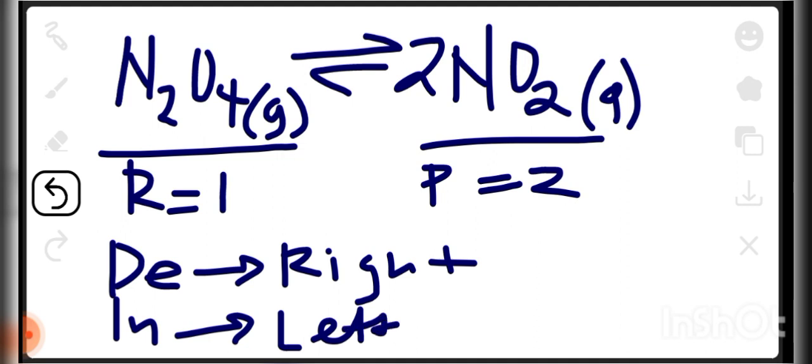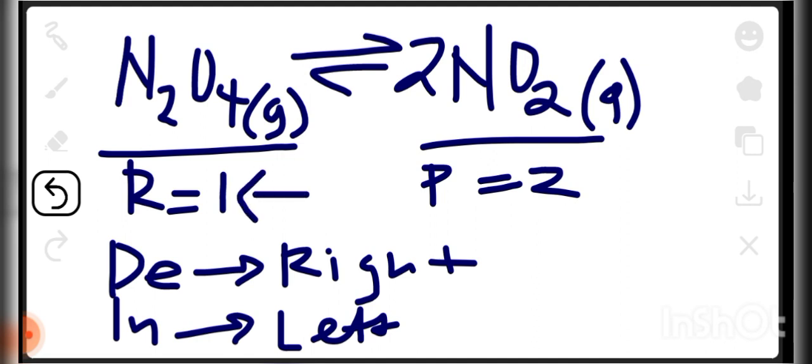So in a question like this, they can ask you to get a good product, or to get your product to be favored. What do you need to do to the pressure? Are you going to increase or decrease it? Since the forward reaction already has the higher number of moles, you don't need to increase pressure, because if you increase pressure, it will move to the side that has the lesser number.